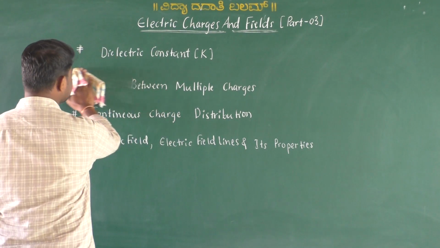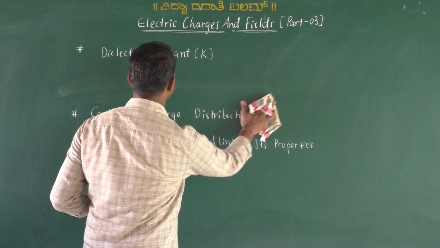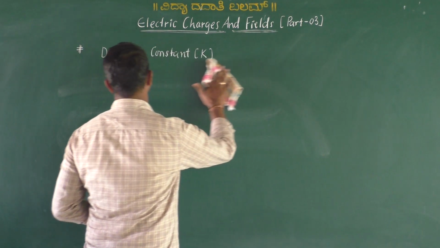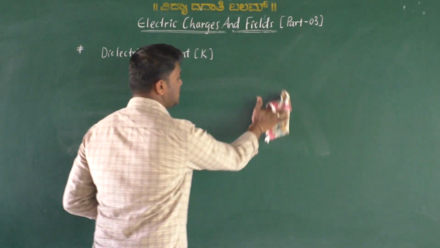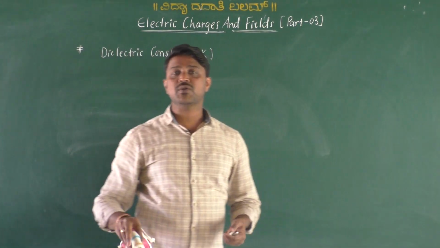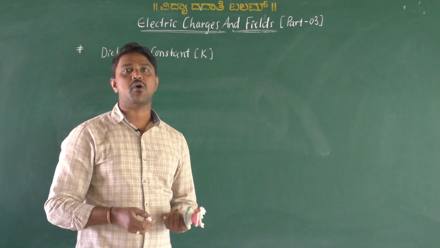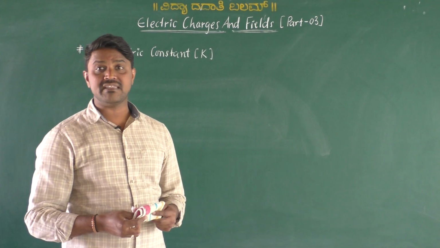So we know very well, in my previous session, we came to know that whenever two charges are placed at a certain distance, they interact together. Interaction in the sense, they exert an electrical force. Hence, that is called Coulomb's law.